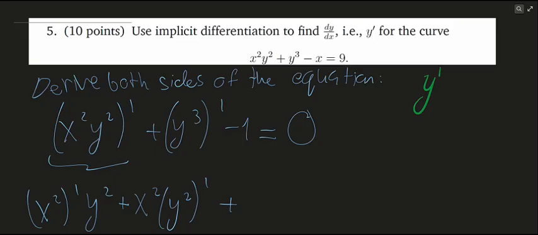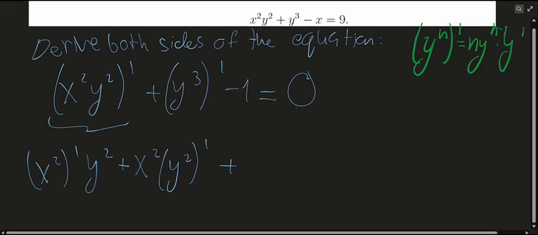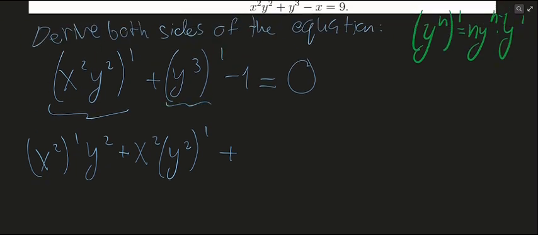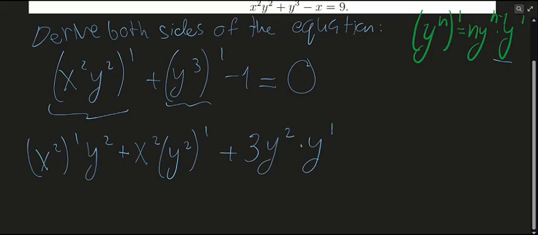When you have y to the n, all of that prime, you get n times y to the n minus 1 times y prime. If you apply this formula to this building block, you get 3 times y squared, yank the 3 out and shave 1 off the power, multiplied by y prime, because we have to multiply by the inner derivative, y prime, if you'll recall this formula from the lecture. That minus 1 is equal to 0.